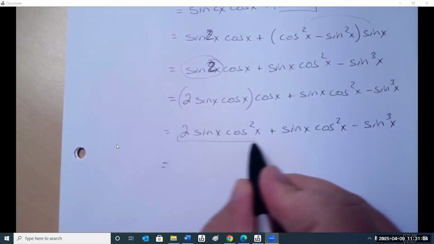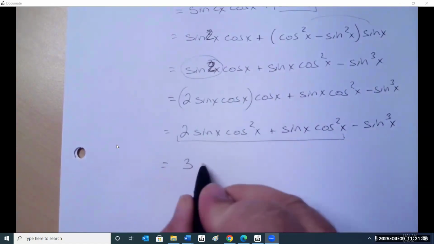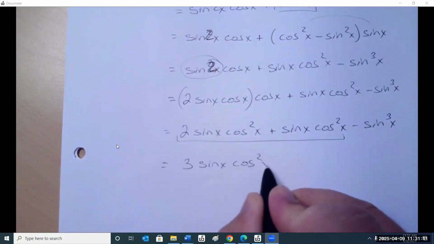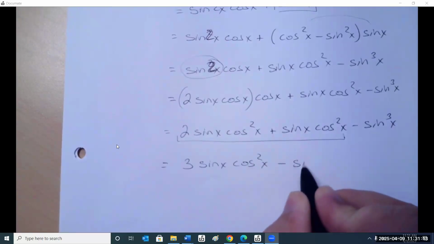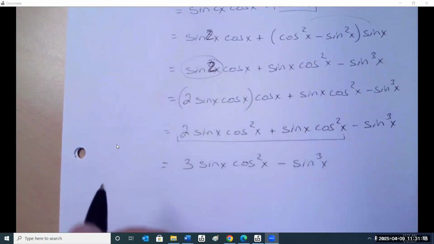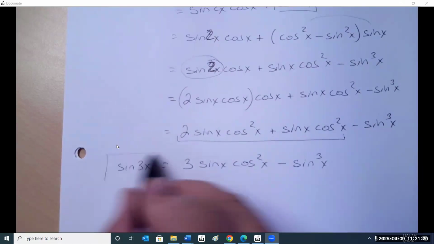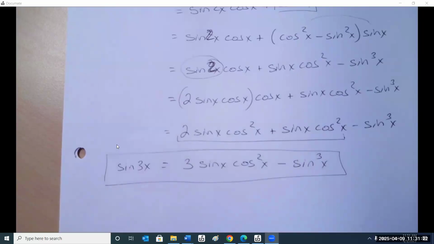Now I can combine these two: 3 sine x cosine squared x minus sine cube x. And that's what that equals.